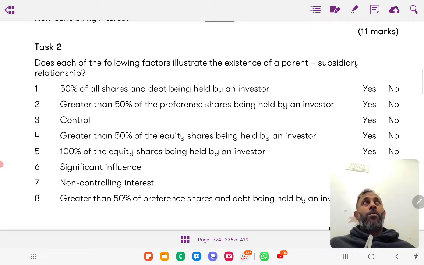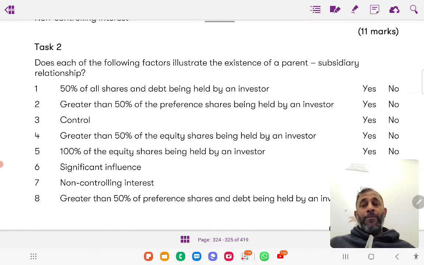If you try to recall, according to IFRS 3 business combination, we justify establishing the parent subsidiary relationship based on certain conditions. We have to establish that the parent has control over the subsidiary. The control can be acquired by way of securing the majority of the voting rights of the subsidiary.